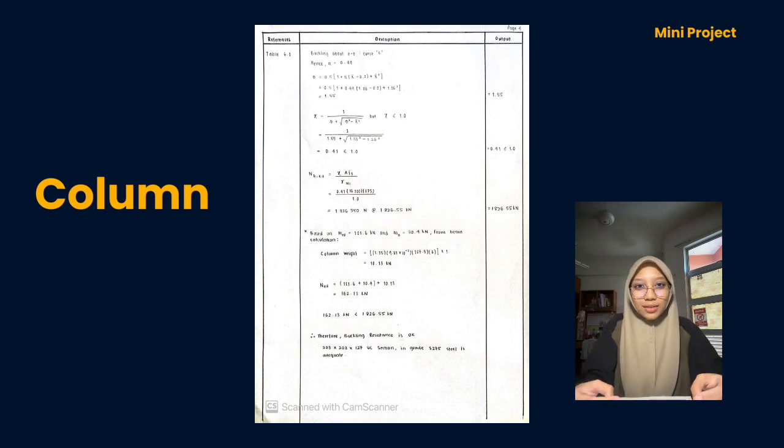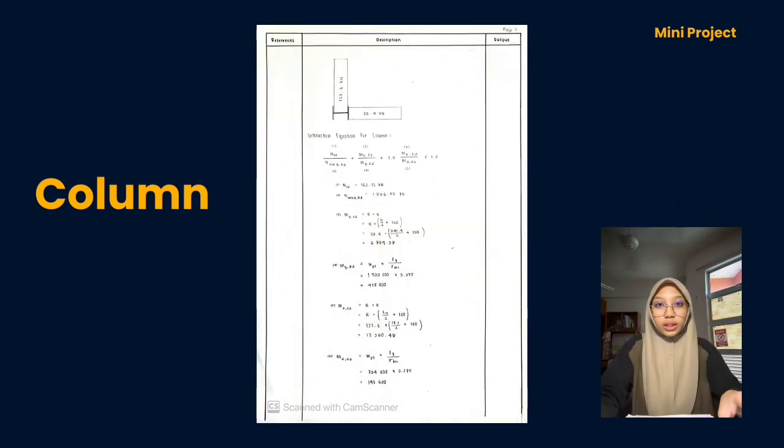Therefore, buckling resistance is okay. So, for the UC section 203 times 203 times 127 in grade S275 still is adequate.